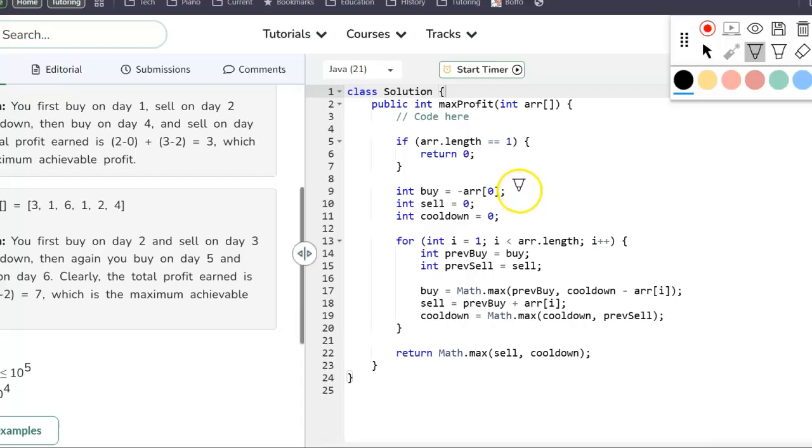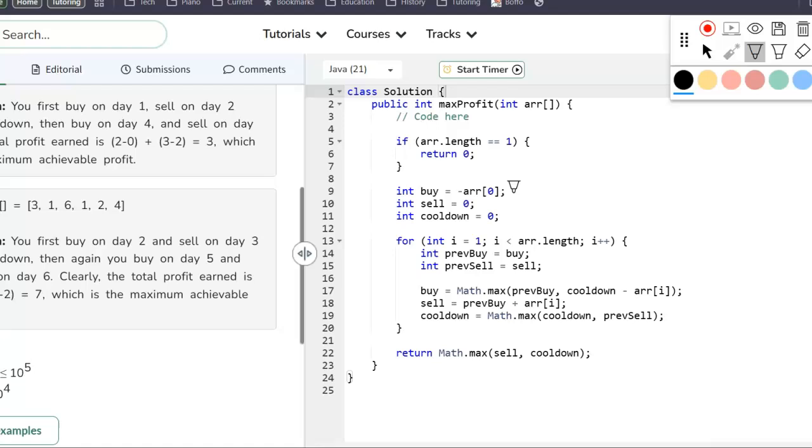So first day, the only thing we can do is buy. Every day we are going to update 3 states: buy, sell, and cooldown. Now on the first day, all we can do is buy.